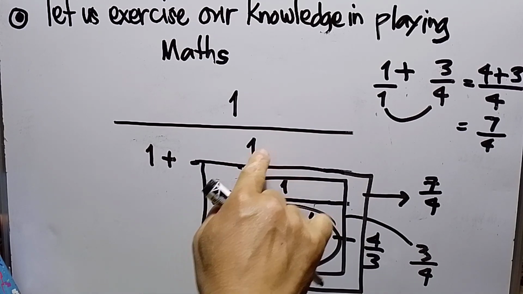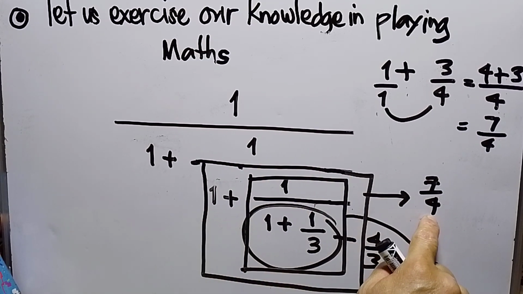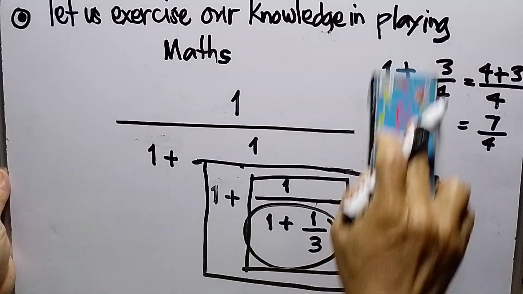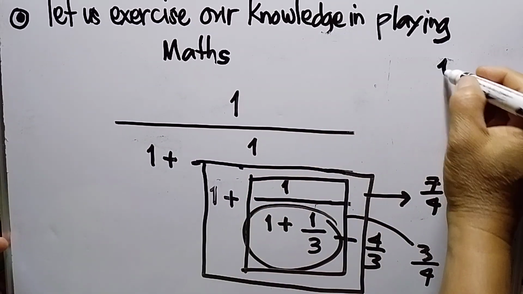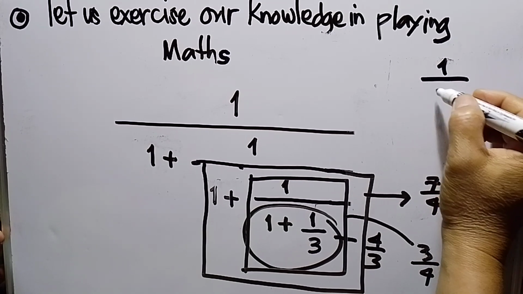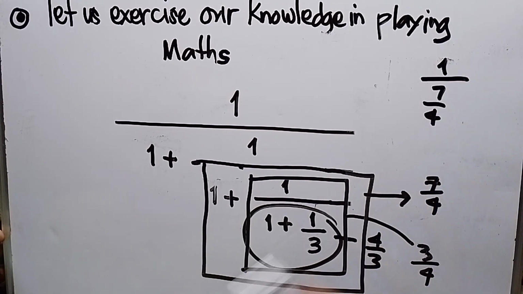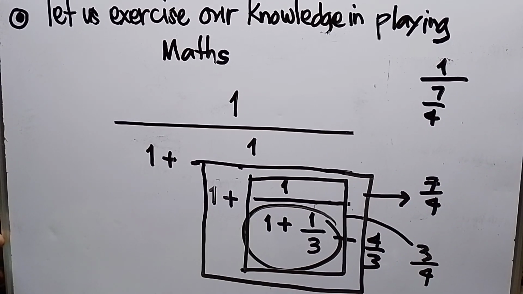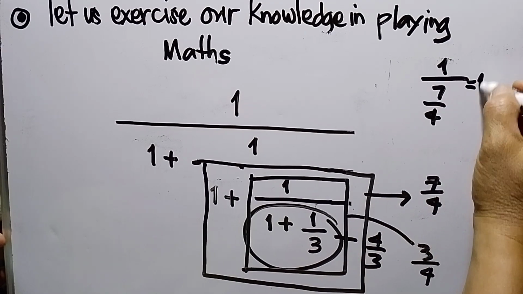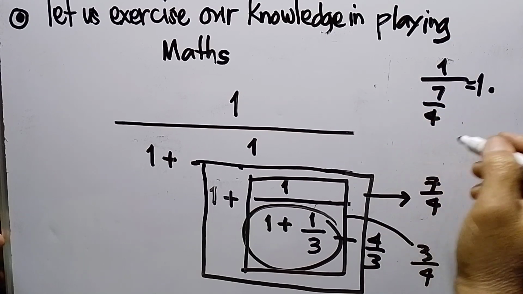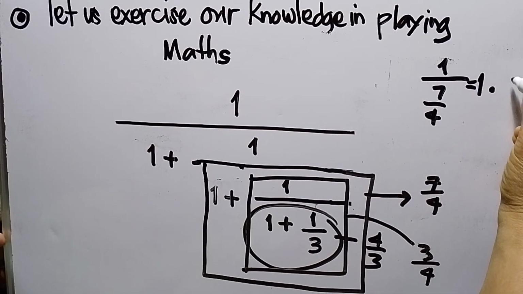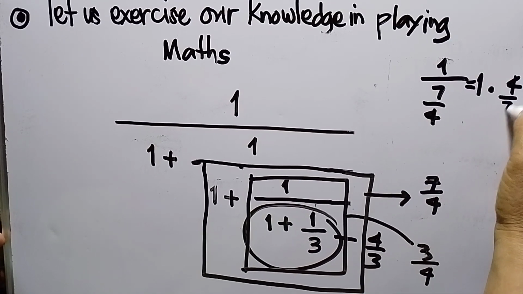Then I need to solve this one, 1 over my 7 over 4. So this will be 1 times the reciprocal of my 7 over 4, or the upside down, which is 4 over 7.